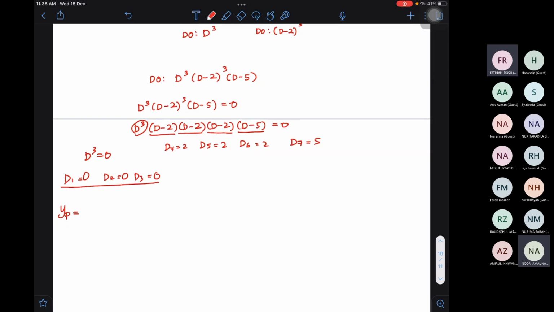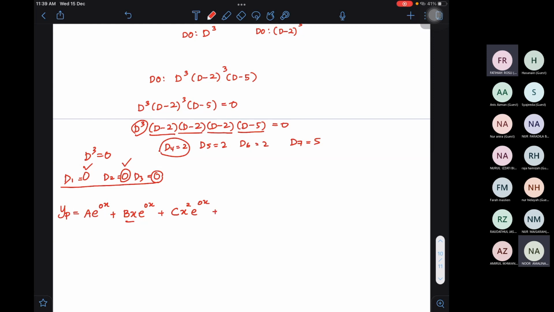Constant yang pertama kita guna constant A, eksponen 0x, tambah constant B, tapi disebabkan dia sama, kita kena tambah x, eksponen 0x, tambah constant C, sebab dia sama, kena tambah x lagi satu, x square eksponen 0x. Sampai sini boleh tak? Boleh.